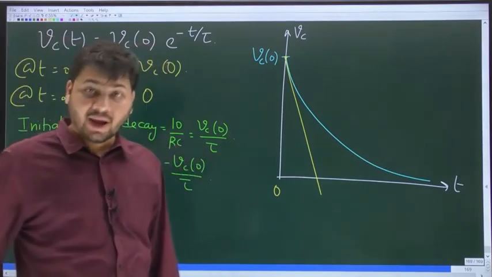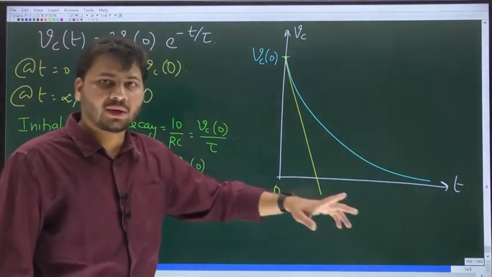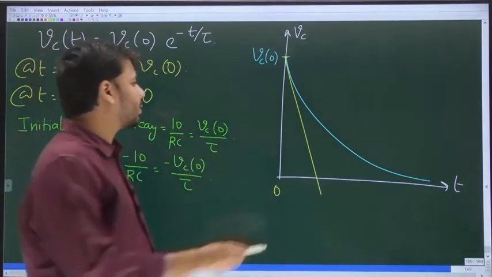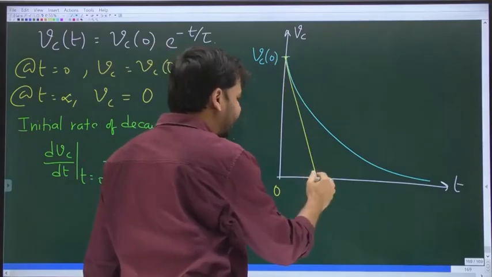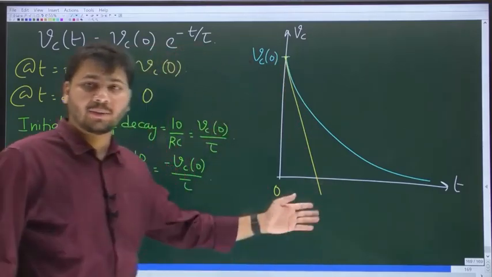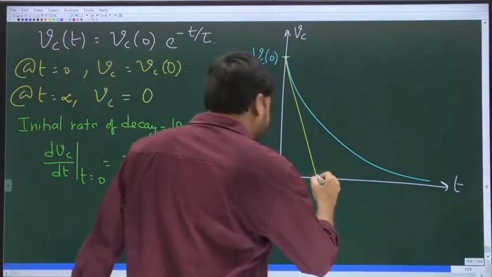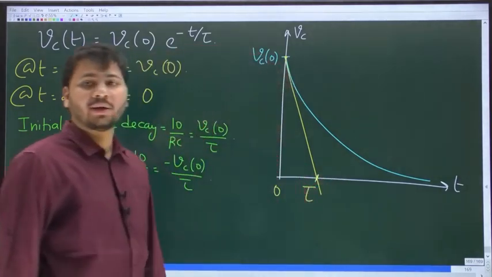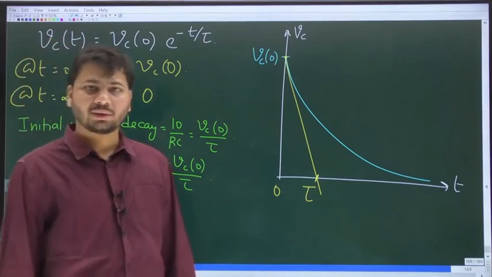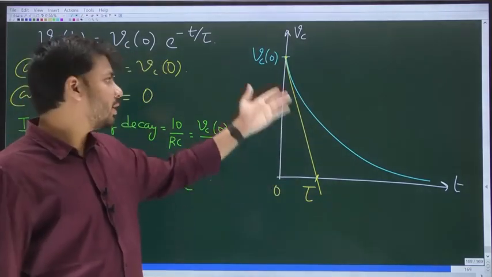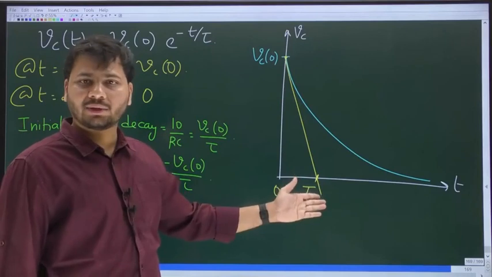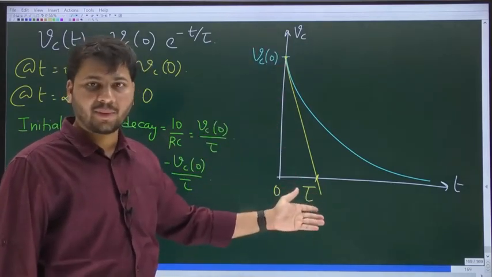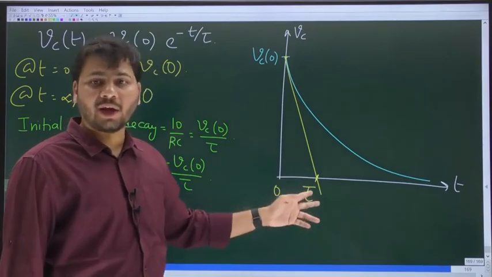It is the tangent to this exponential curve drawn at t equal to 0. All of you know about tangent, right? Now if you look at the tangent, does it not intercept the time axis? In fact, this tangent will always intercept the time axis at tau. So if I simply give you the curve, the tangent will always cut the time axis at tau.